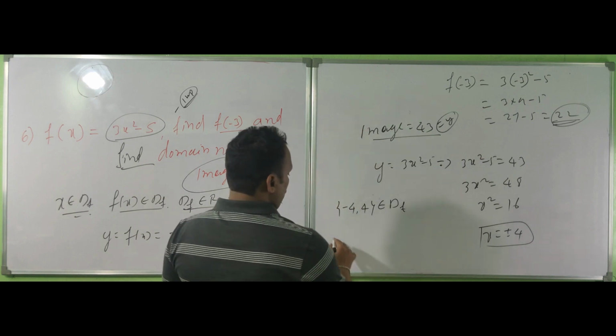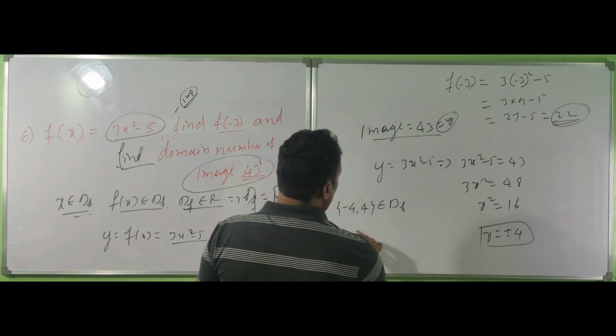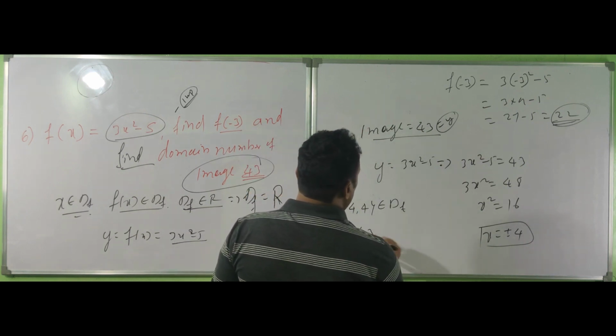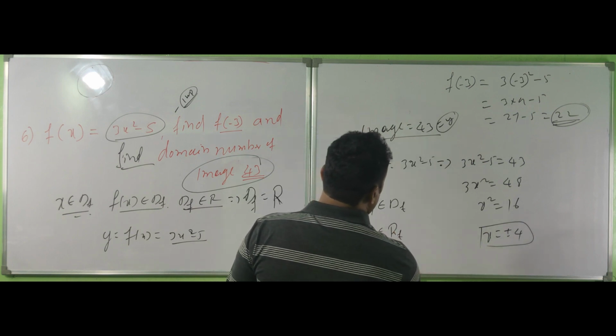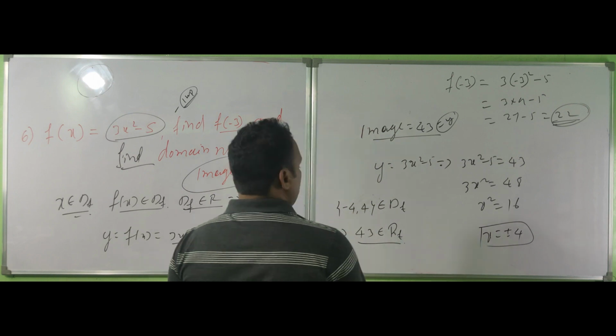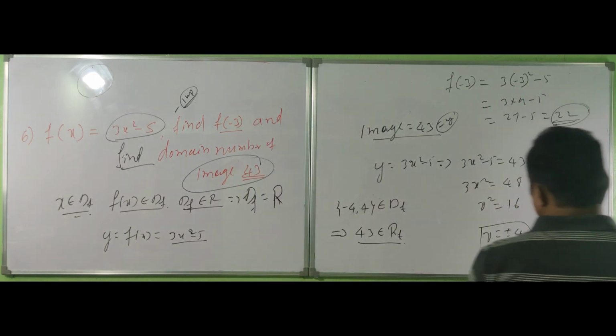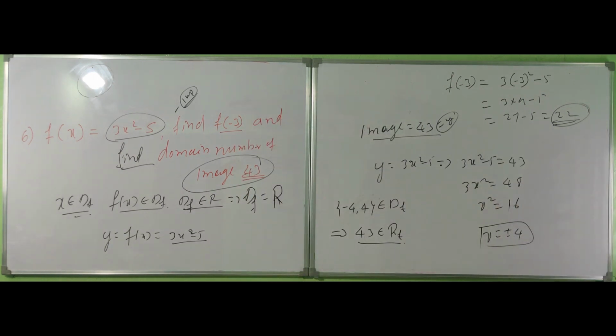This implies that 43 belongs to the range of f. For this purpose, you can also write f of minus 4 is equal to f of 4 is equal to 43. This is the climax.